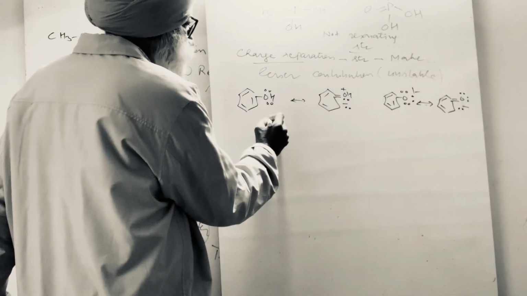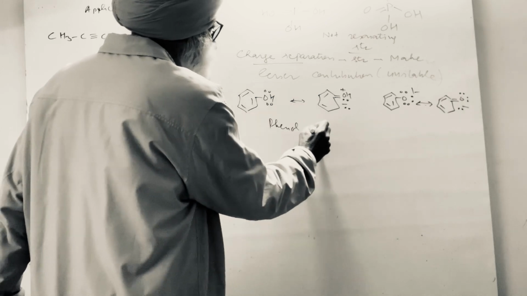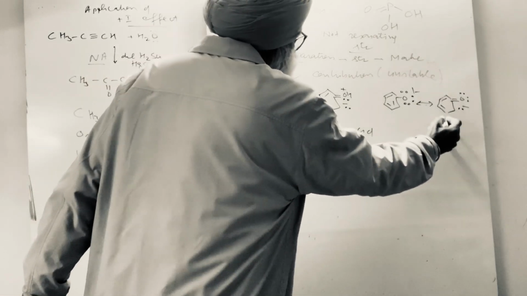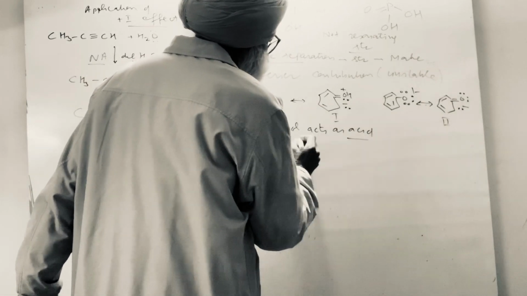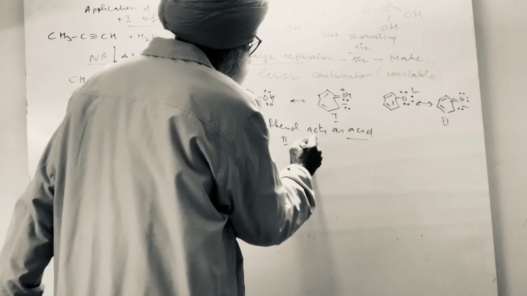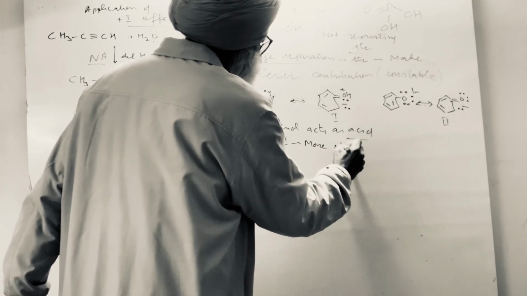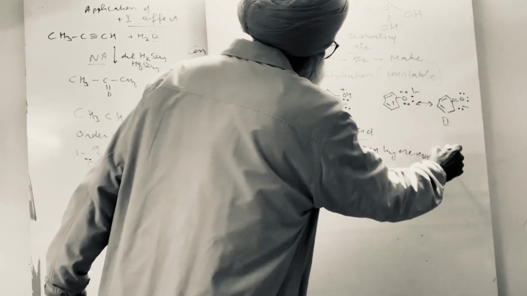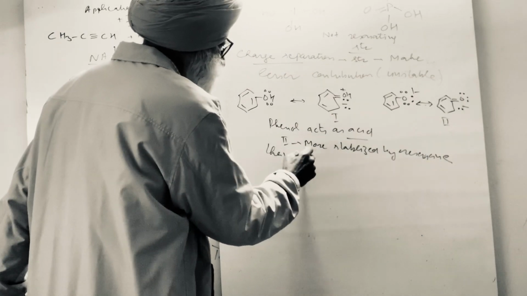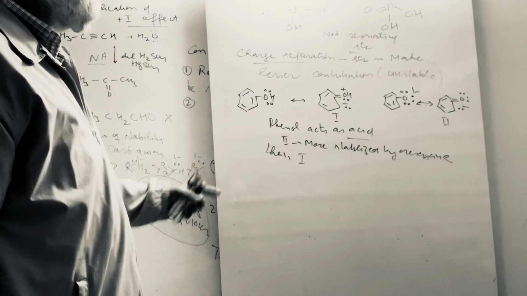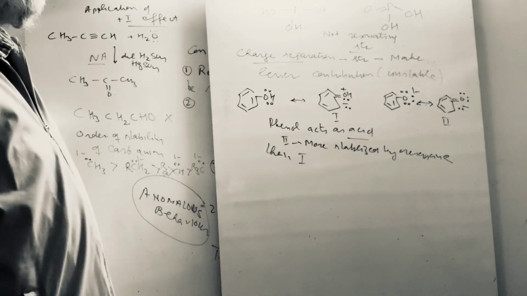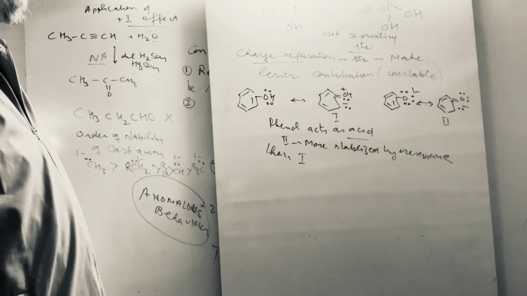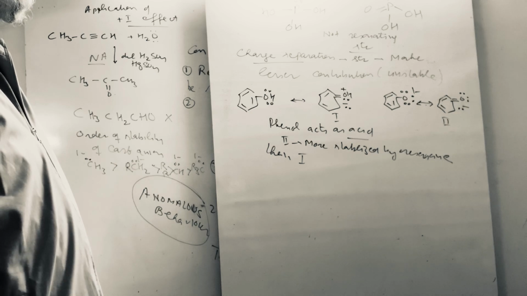Therefore phenol acts as an acid, because the second is more stabilized by resonance than the first, because in the first we have charge separation. So when phenol acts as an acid, why is it so? Because the phenate ion is more stabilized by resonance than phenol.